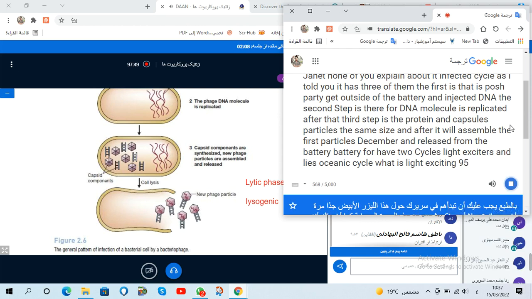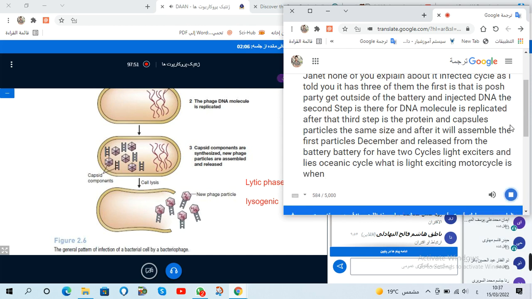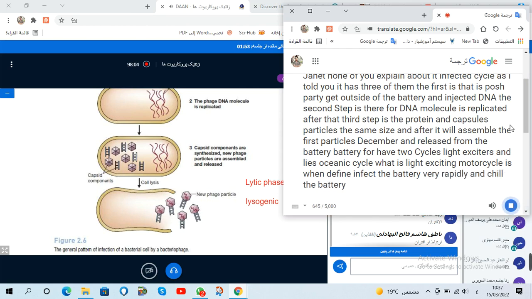The lytic cycle is when the phage infects the bacteria very rapidly, kills and lyses the bacteria and comes out.